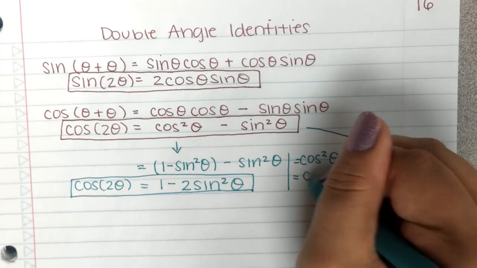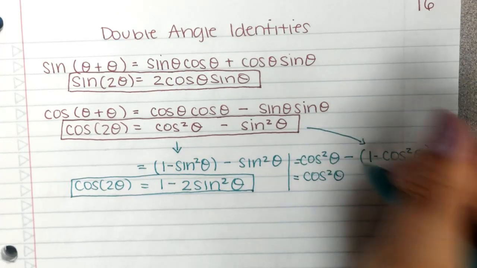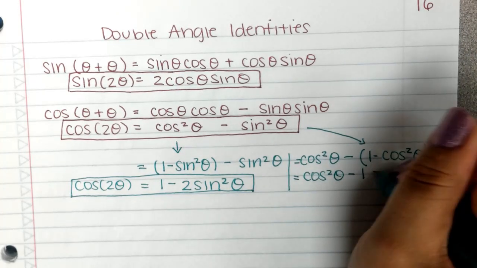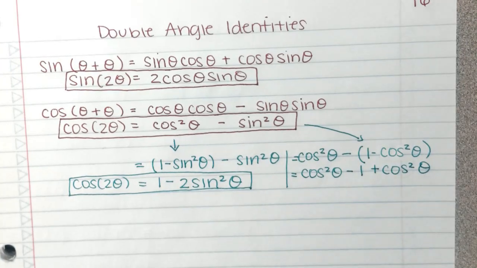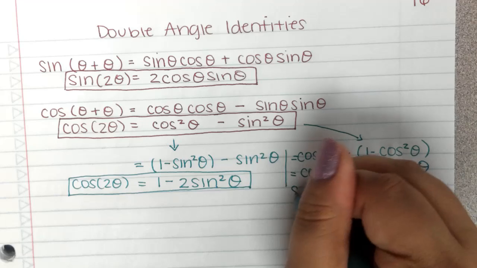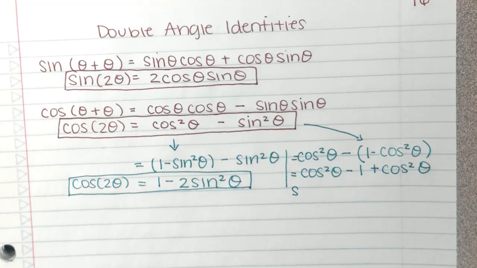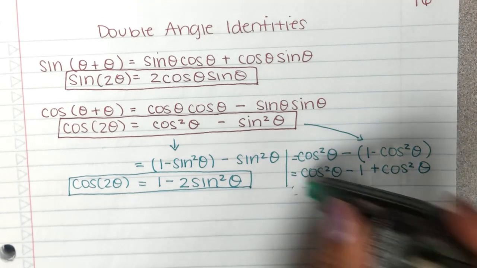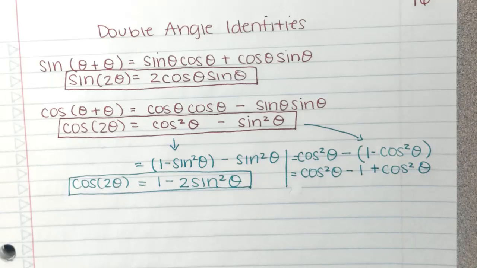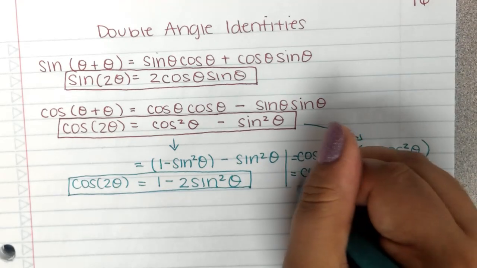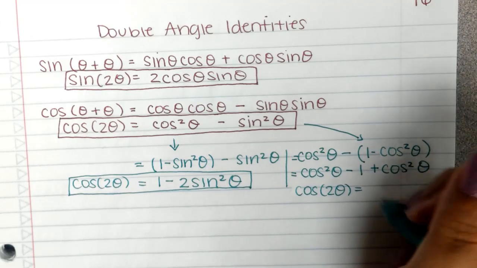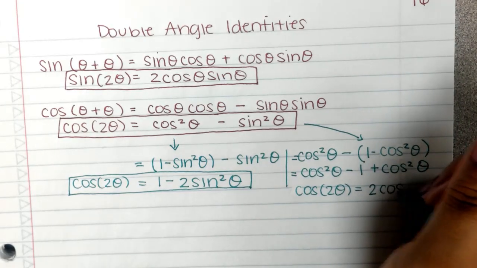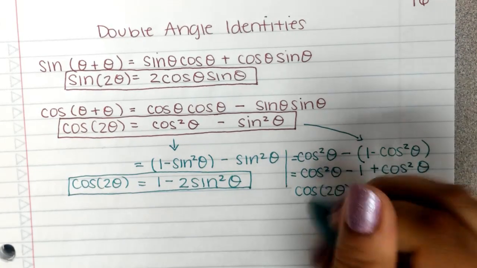That gives me cosine squared theta, and distribute the negative, minus 1 plus cosine squared theta, which means that cosine of 2 theta also equals 2 cosine squared theta minus 1.